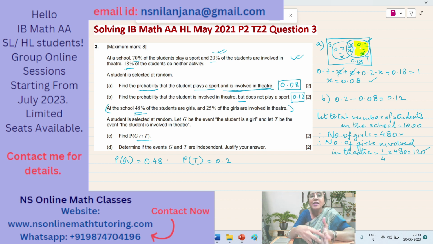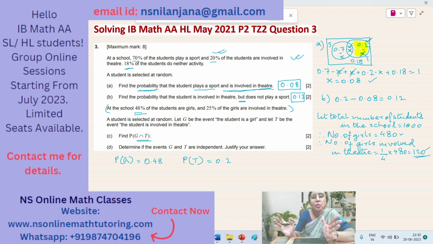That means it is a girl student who is involved in theater. Plain and simple. Student is a girl and the student is involved in theater combined together has only one meaning, that is, it is a girl student who is involved in theater. So, what is the number of girl students who are involved in theater? 120. What is the total number of students in the school?